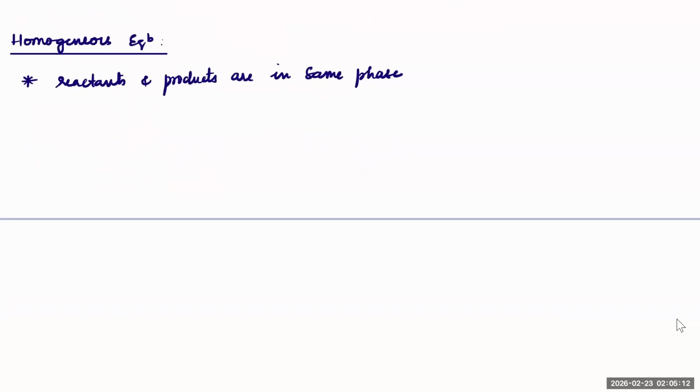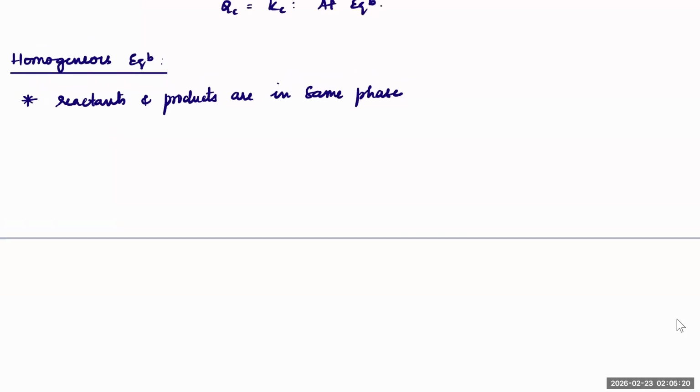Either all of them are in the aqueous phase or all of them are in the gaseous phase, correct? In that case, we call it homogeneous equilibrium. Clear? If everything is in a single phase, it is called a homogeneous equilibrium, correct? If you have multiple phases, for example a gas and an aqueous solution reaction, everything is present here. Clear?